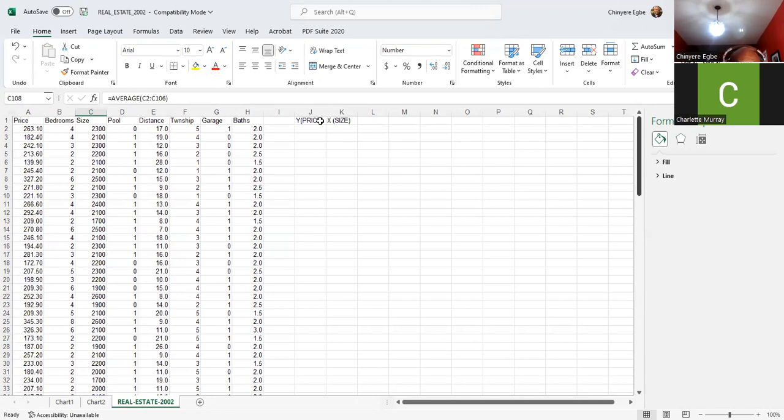So here we say y minus yb. I'm going to call y bar yb, which is the average of y, and x minus xb. So xb is x bar, which we illustrated.